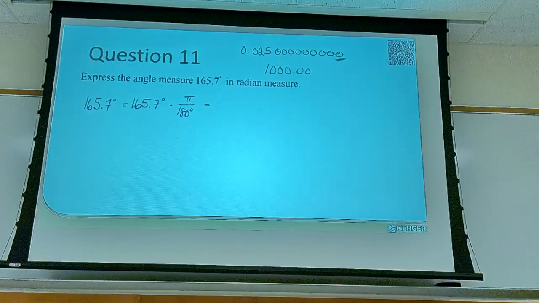Now I'm dealing with operations with significant figures. When you multiply, your answer has the same number of sig figs as the lowest number of sig figs that appears in your operation. In this case, pi over 180 degrees is an exact measurement. It's a conversion factor, so we just ignore that.